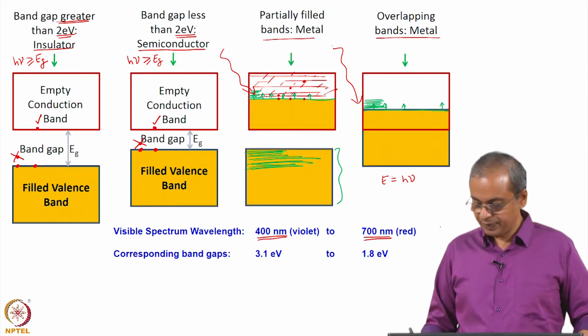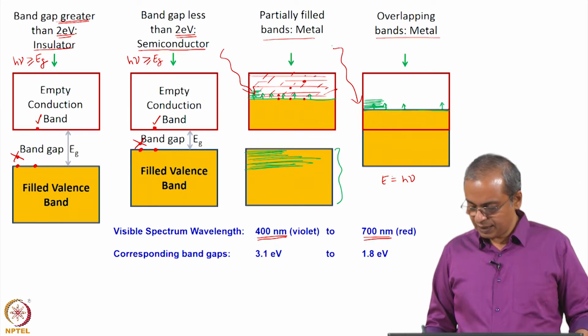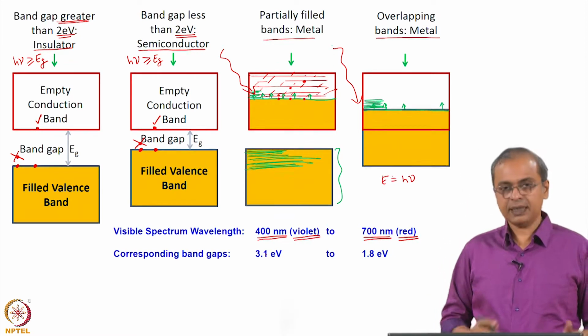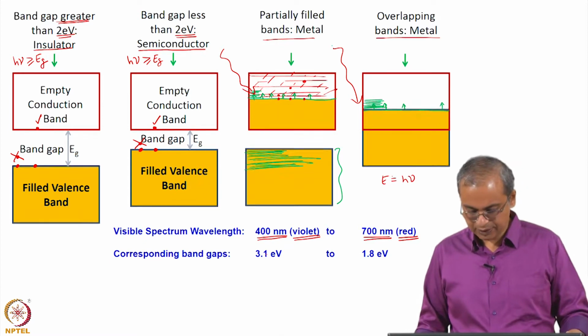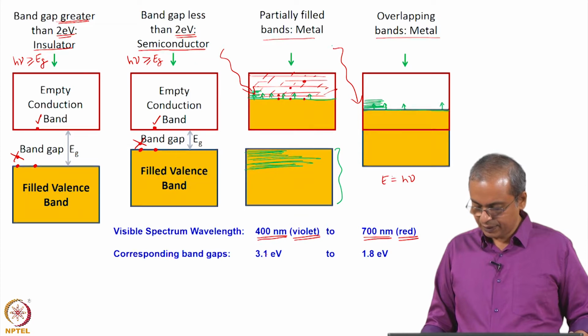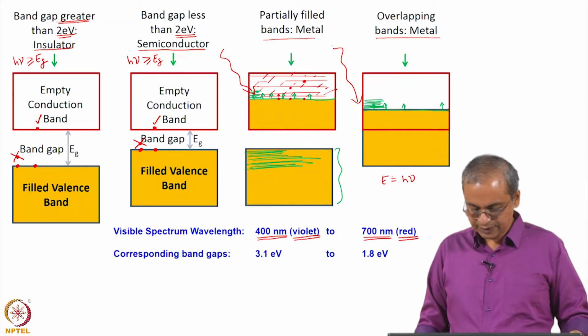The longer wavelengths appear to our eye as red color, and the shorter wavelengths appear as violet color, and that is how you get the range of colors. So, about 0.4 microns to about 0.7 microns is the range.